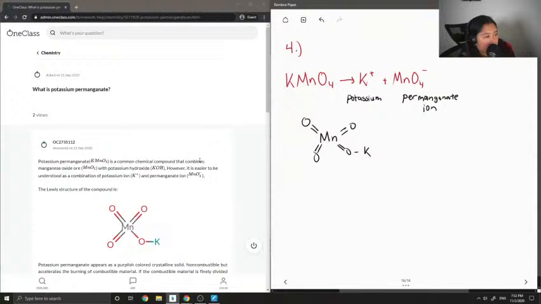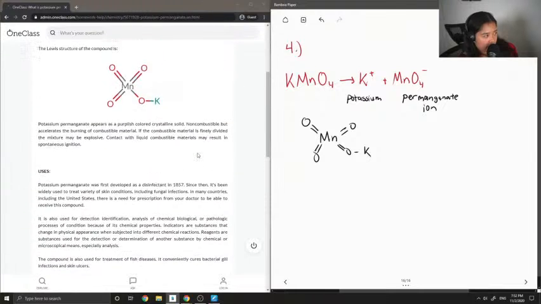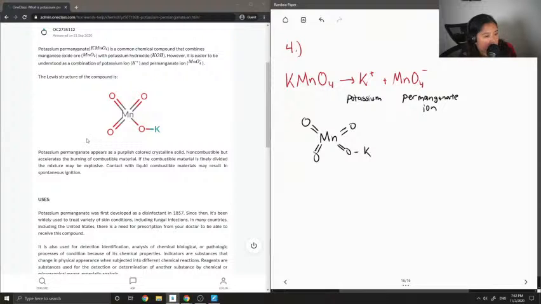Let's see what our junior tutor said. It looks like they have a lot about it. Potassium permanganate is a common chemical compound that combines manganese oxide with potassium hydroxide. However, it's easier to be understood as a combination of potassium ion and permanganate ion. And they draw out the Lewis structure.